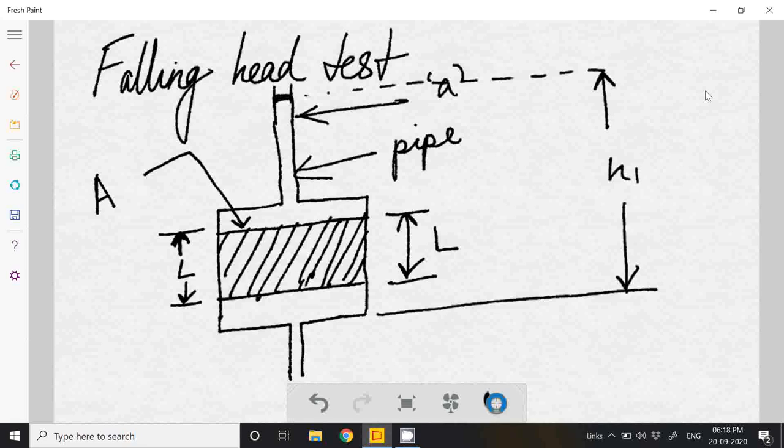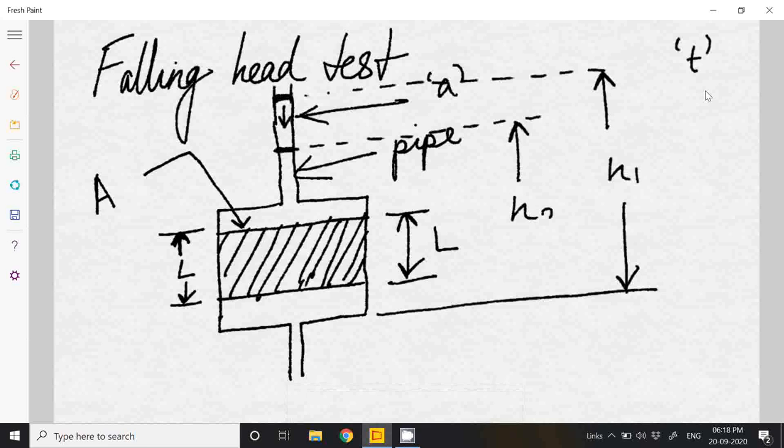Now assume that after a passing of t seconds, the water is here. So now the second head is H2. In a duration of t, the head changed from H1 to H2 as the water fell through the soil sample. That is the thing that we require.